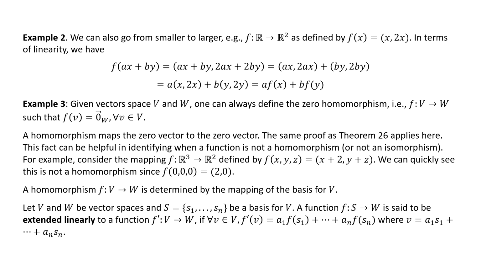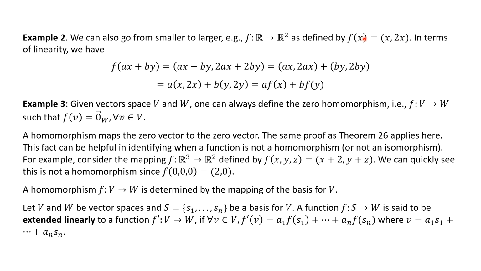We have a couple more examples. In the first example, we map from R to R2, so it's from smaller to larger. That's also possible. Here's our function, f of x equals 2, 2x. So every real number gets mapped to this pair here. And then to show linearity, we take f of ax plus by, where x and y are from R, and a and b are scalars, but they happen to also be from R in this case.